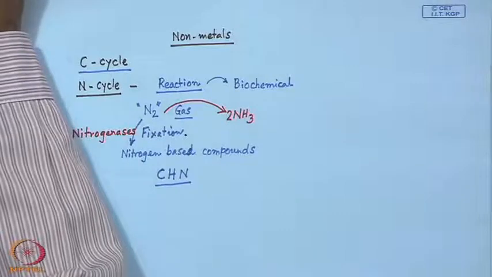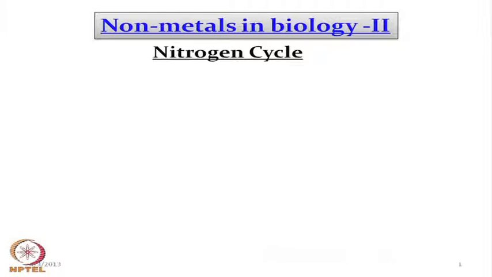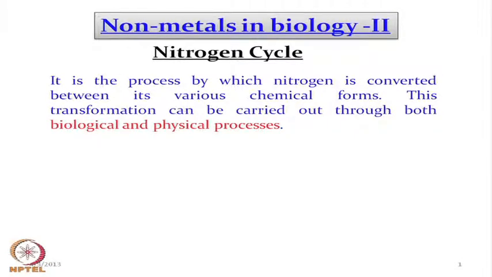When we talk about nonmetals in biology and the typical nitrogen cycle, the basic definition of the nitrogen cycle is the process. It can be anything. We can go for the typical reaction in the laboratory or in the industry, and if we allow nitrogen to react in a biochemical manner, biochemical reactions can also interact with dinitrogen to convert it into various important chemical forms.